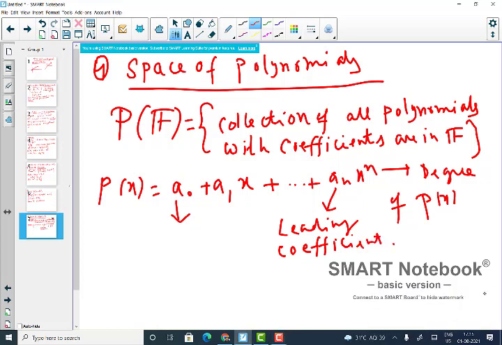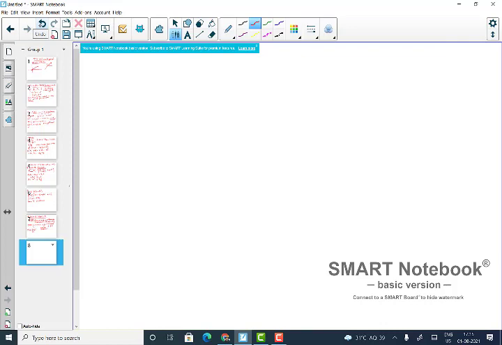So you can write these polynomials in this form: summation ai x power i, i equal to 0 to some n. And then how do you add and multiply? There might be two cases.